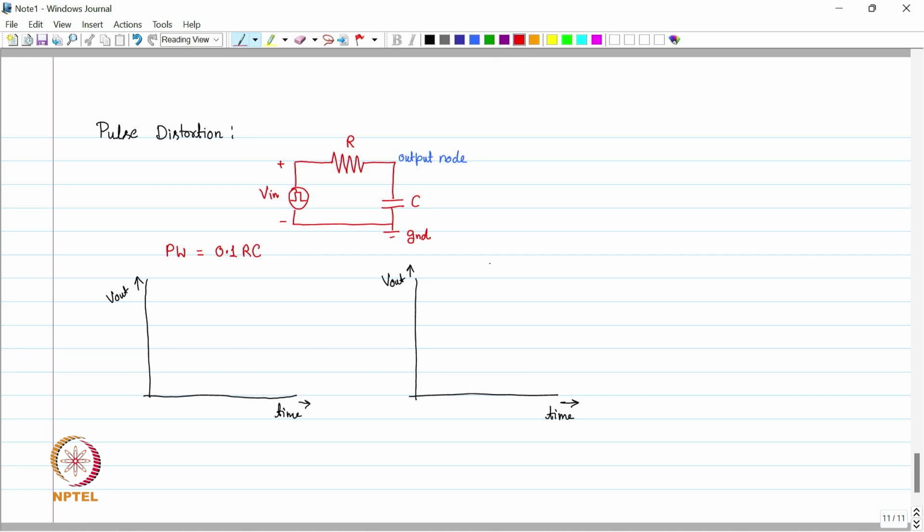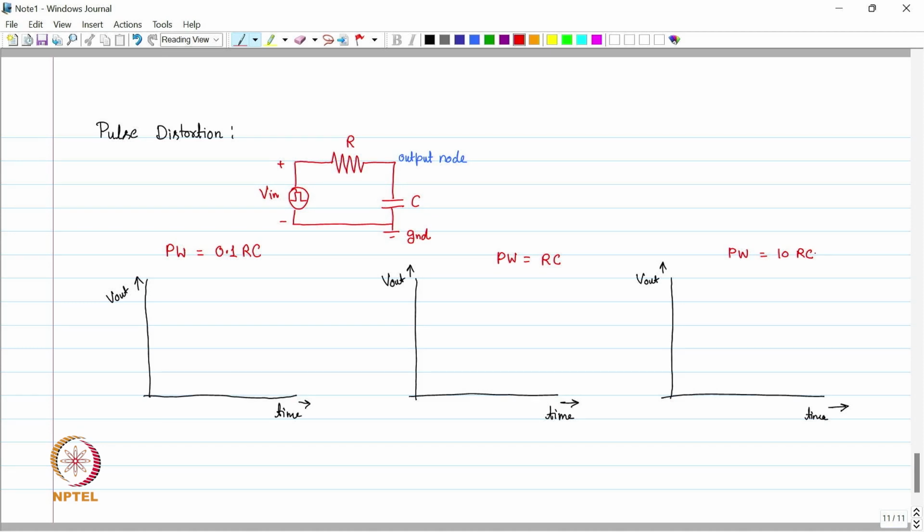Here we have pulse width equal to 1 times RC, or equal to 1 time constant, and the third case we take where the pulse width is long enough, let's say 10 times RC.